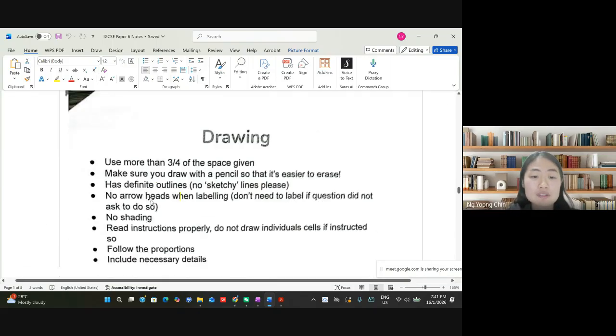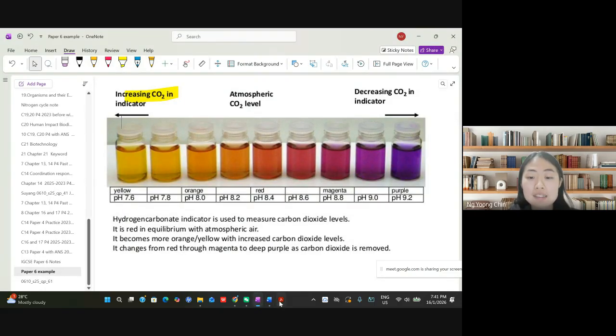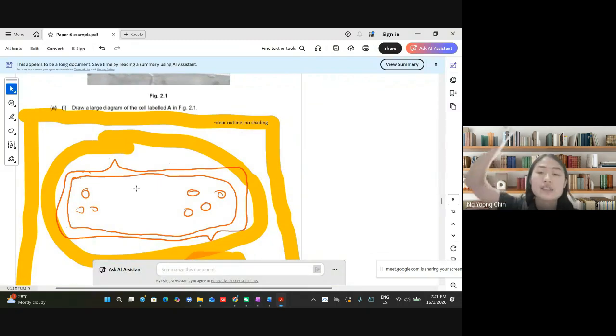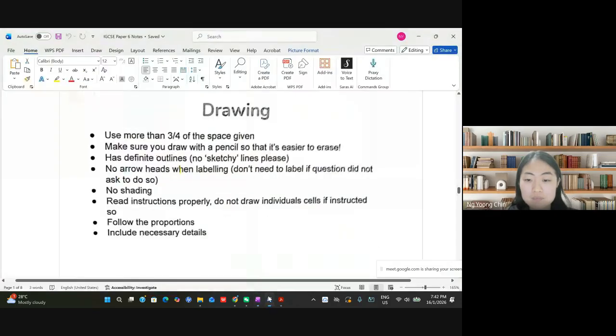And then you need to have a definite outline. Outline just like this, okay? A clear outline. Just a clear outline. 一个简单的线条啊。Clear outline refers to what? 简单的线条，不要打阴影。And then no arrowheads when labeling.